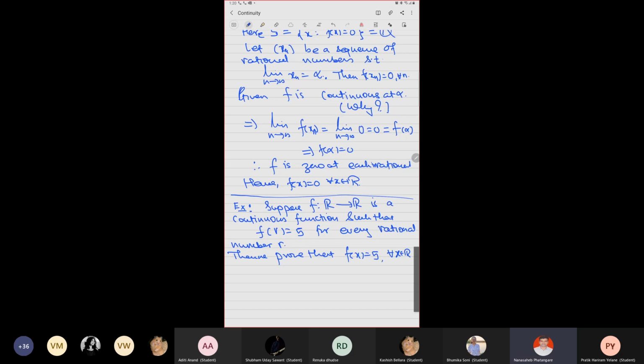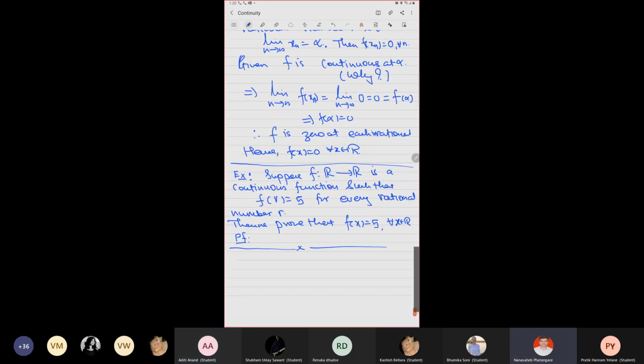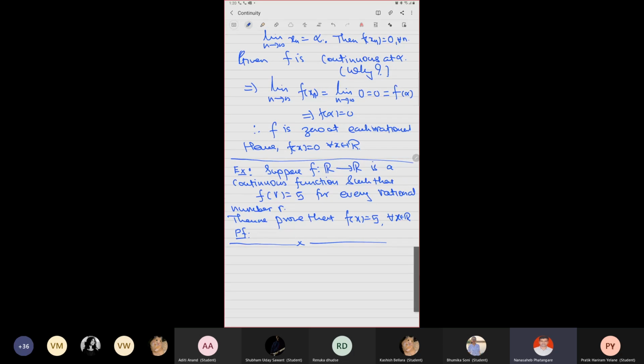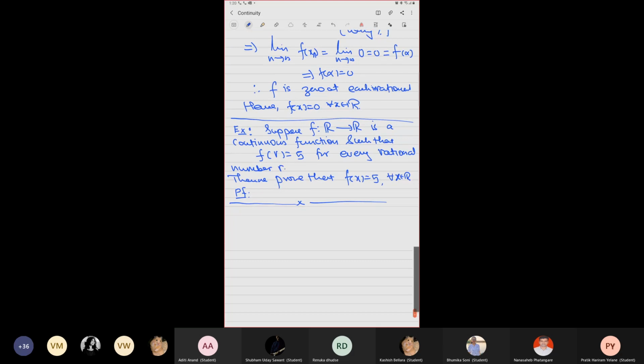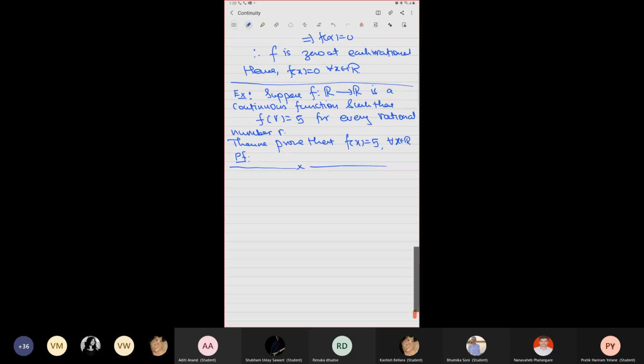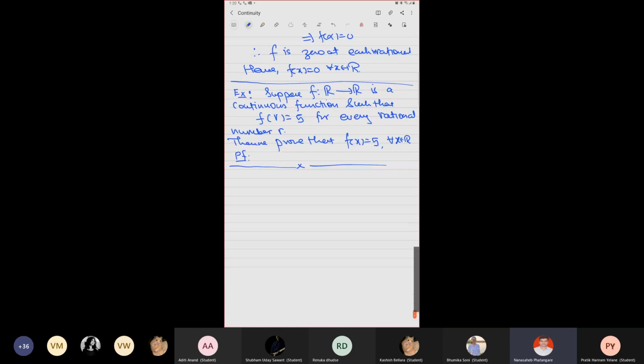Do you see it is similar to the previous one? Yes, sir. So you should try to write down the proof. That means if a function is continuous everywhere and you know the value of the function at rationals, certainly the same is the value at irrationals. Right? Constant, actually. If it is constant at rationals and it is continuous, then the function is constant.